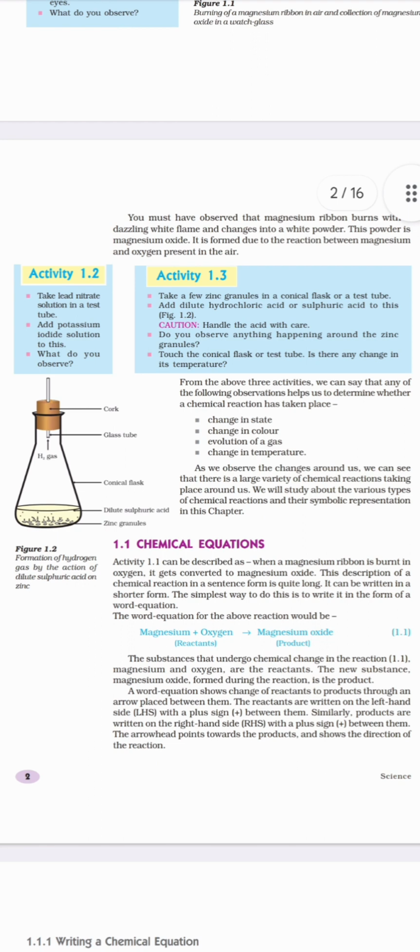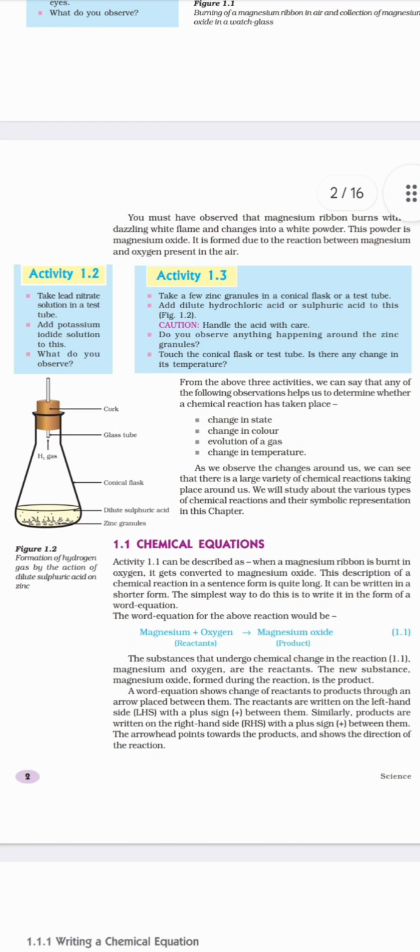If any one of these four things takes place, then the reaction can be termed a chemical reaction. Those reactions in which one of these four characteristics can be observed are known as chemical reactions.